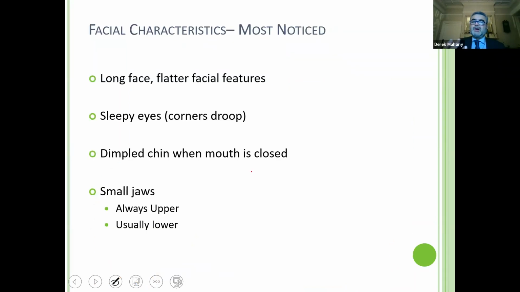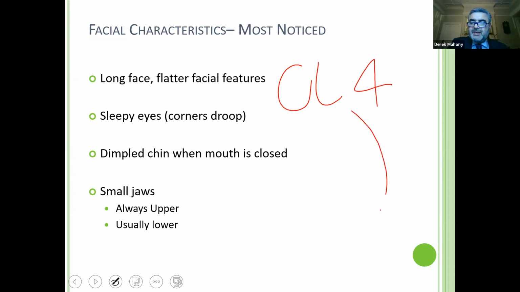So when you see a child who has a class 4, what does class 4 mean? Class 4 means if this is the ideal position of the face and the upper jaw should be here and the lower jaw there, in a class 2 the lower jaw will be here.